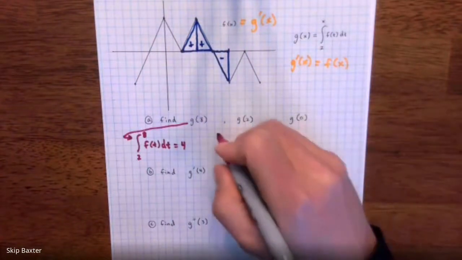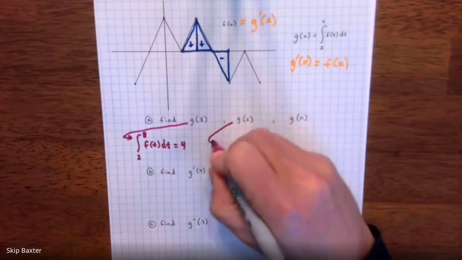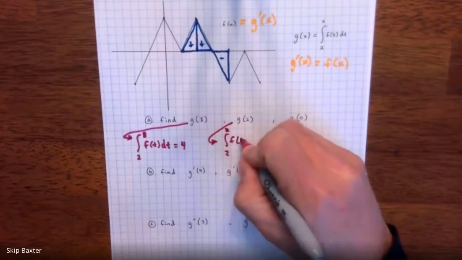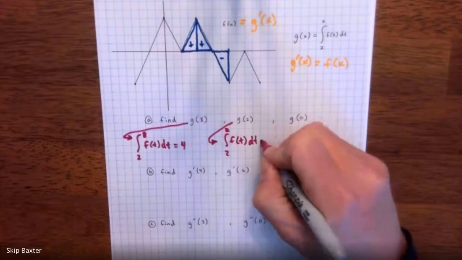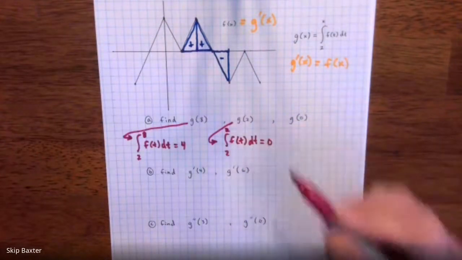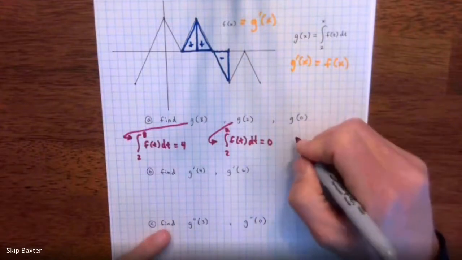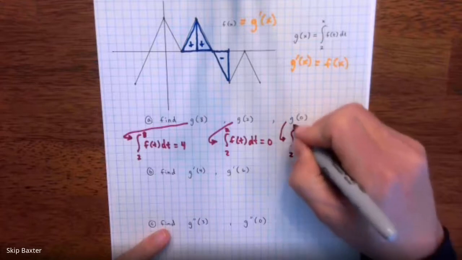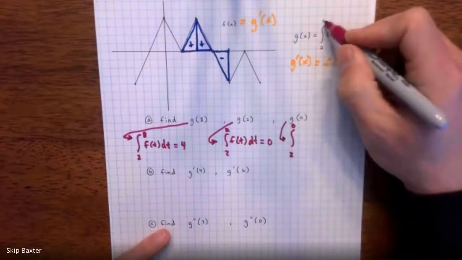If I'm finding g of 2, g of 2 would be the integral from 2 to 2 of f of t dt. And you should know definitely by now that's 0, because the limits of integration are equal. How about if I'm trying to find g of 0? I'm just plugging in 0 for x up here.